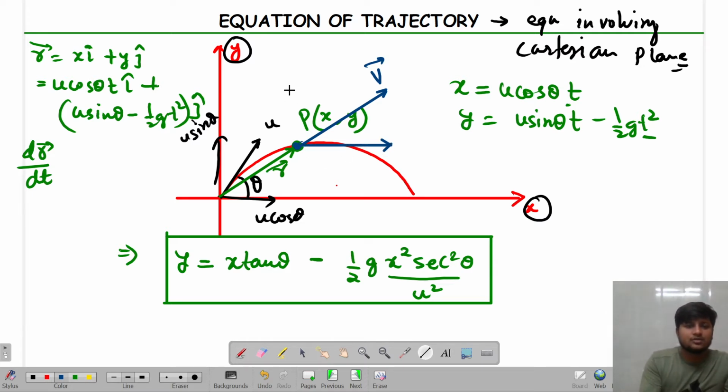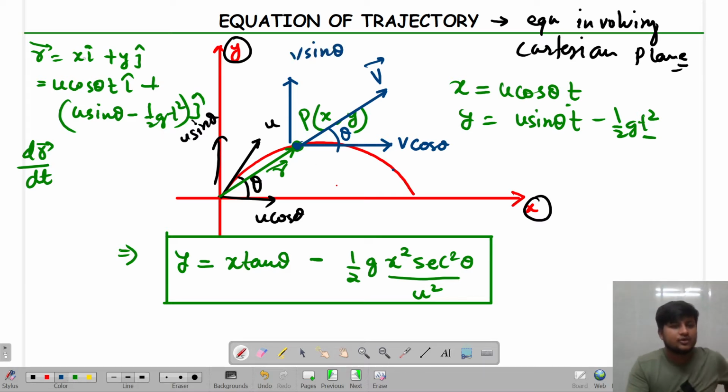Let's suppose this angle is theta, so this is also going to be theta, and therefore it will have two components, one v cos theta and another v sin theta. So instead of doing so many things, I can just write the particular equations out of here and create that, right or not? So this is the best trick of the equation of trajectory.